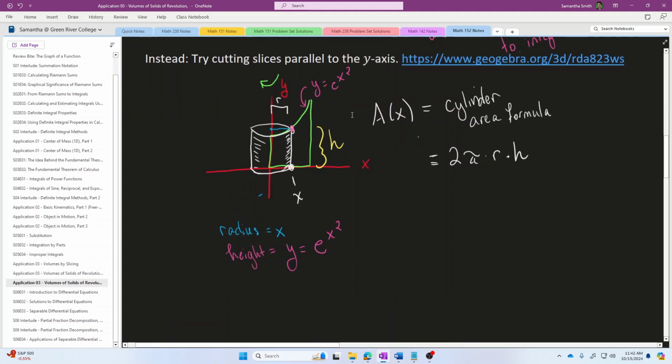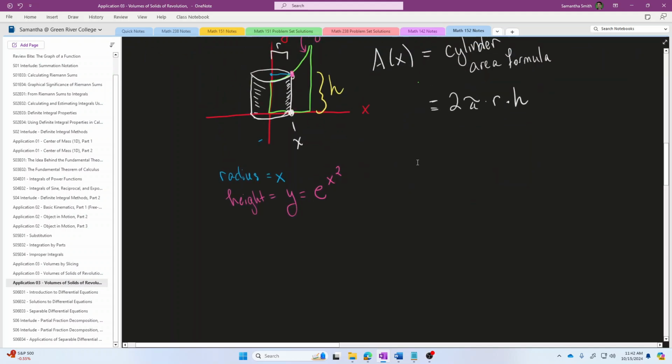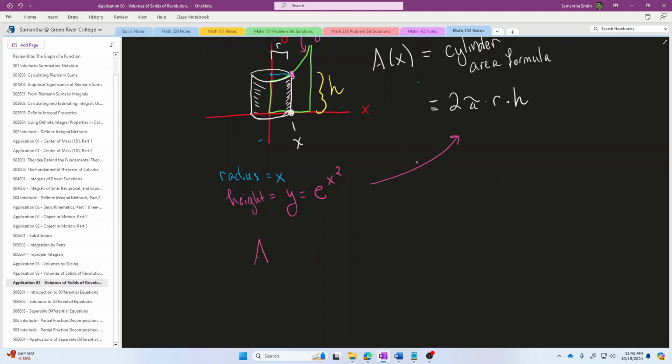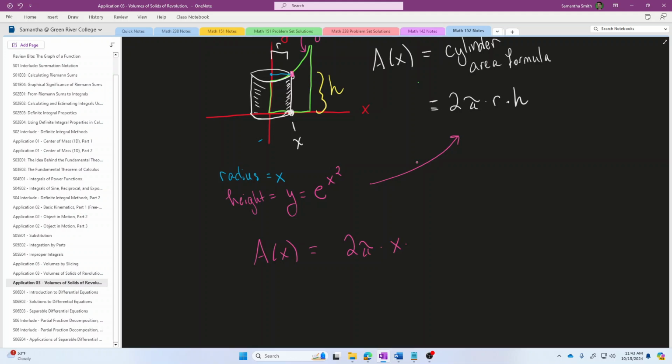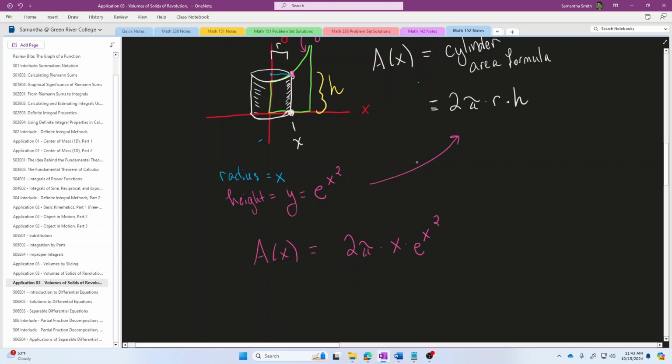The formula in terms of x for the height along that exponential curve at the top of the cylinder. So if I plug those values into our cylinder area formula, I get that the area as a function of the x-coordinate where the slice was made is given by the product 2 times pi times x times e to the x squared.